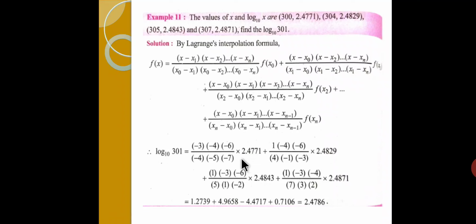Similarly we substitute all values and simplify this. We get the final value 2.4786. At x is equal to 301, the corresponding value of y is 2.4786.